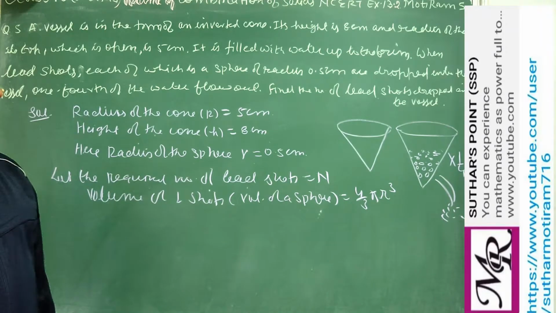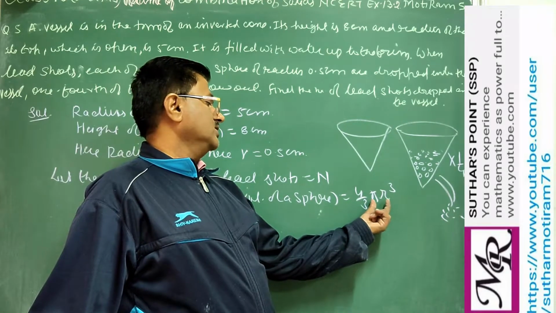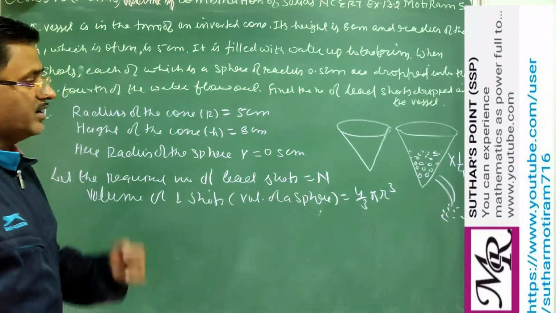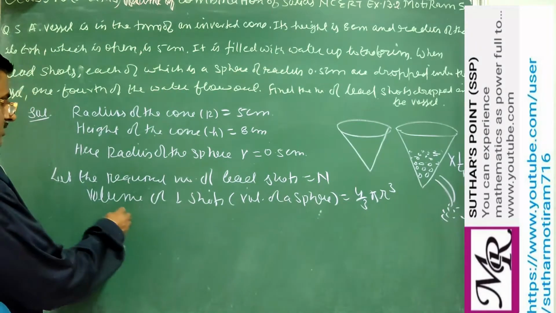This is the volume of one shot, and if you multiply it by n, then we get the quantity of water that flows out.